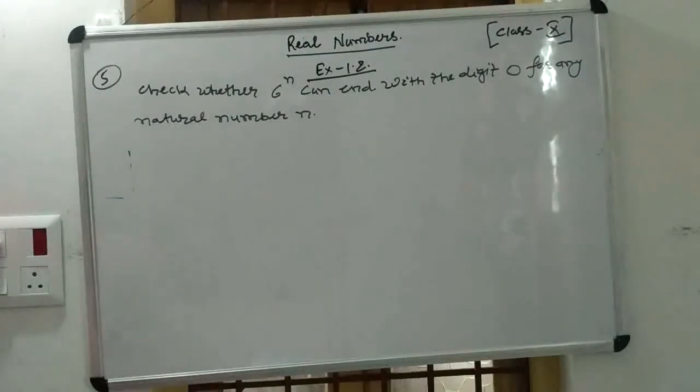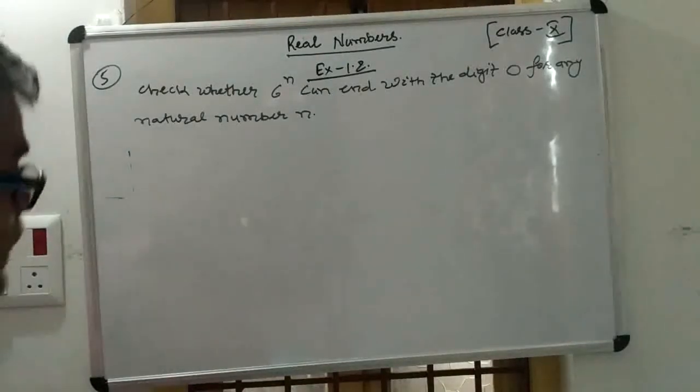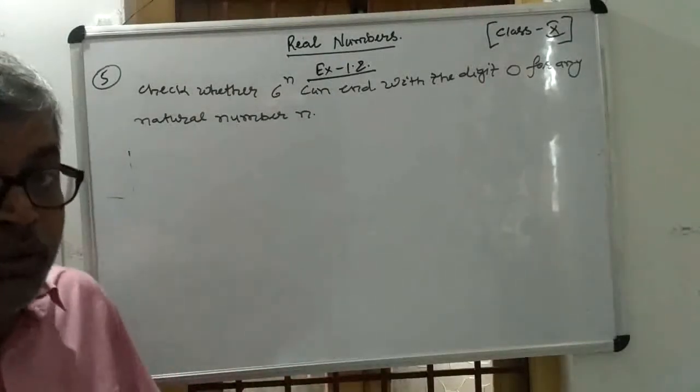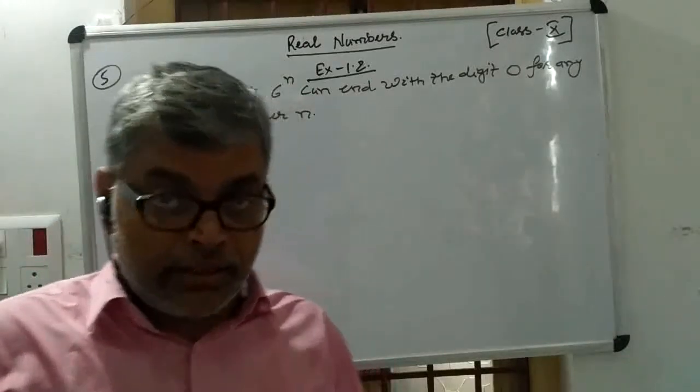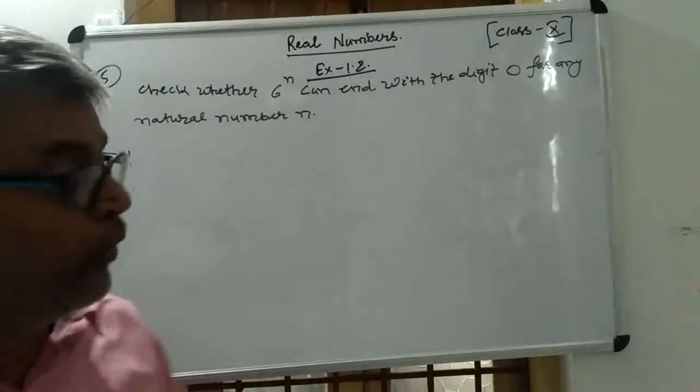N is any natural number. Then you have to check whether 6 to the power n can end with the digit 0.